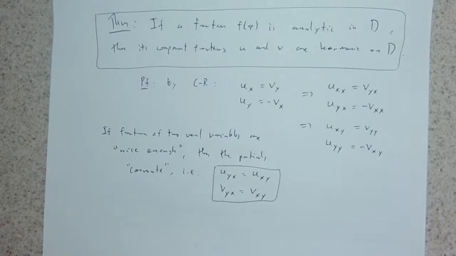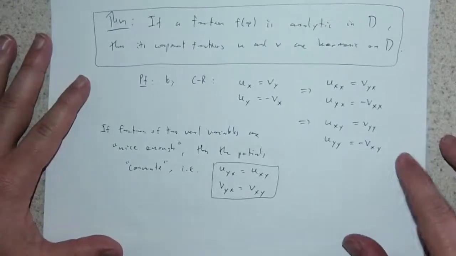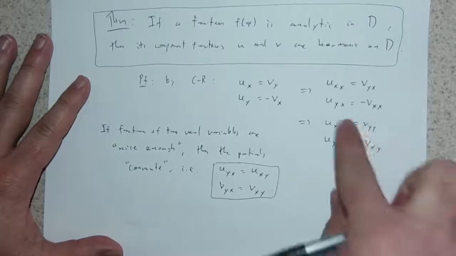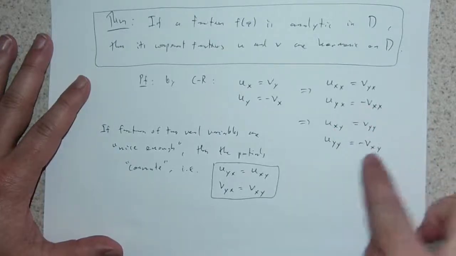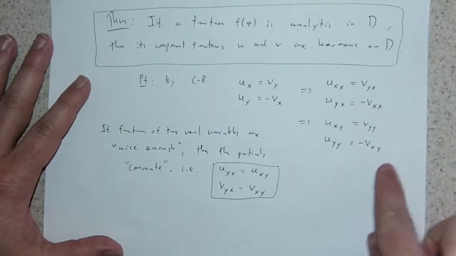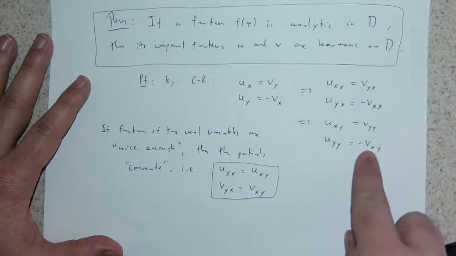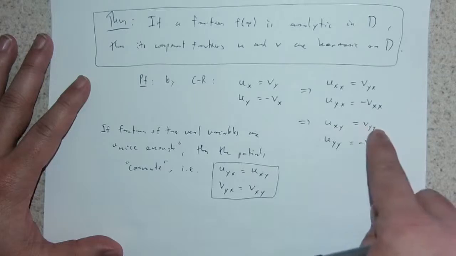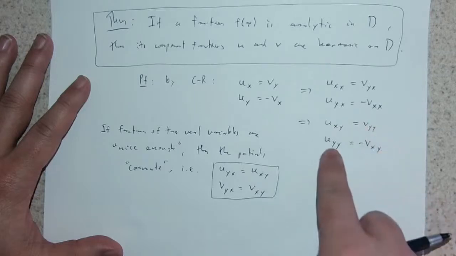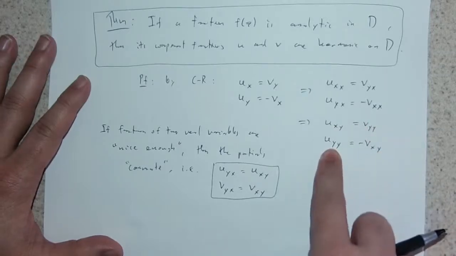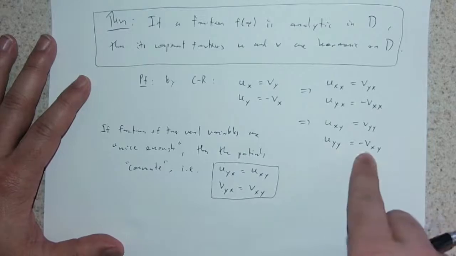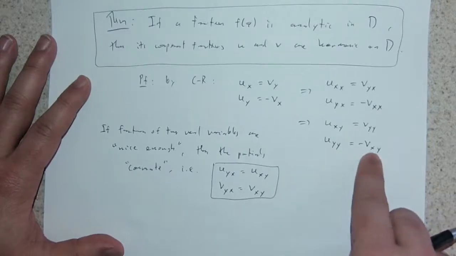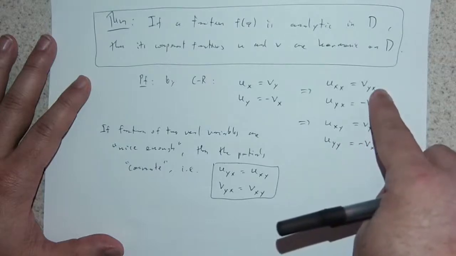So because these things commute, what do I get here by swapping the order? So I'm looking for what u sub yy is. So u sub yy is minus v sub xy, which should be minus v sub yx.